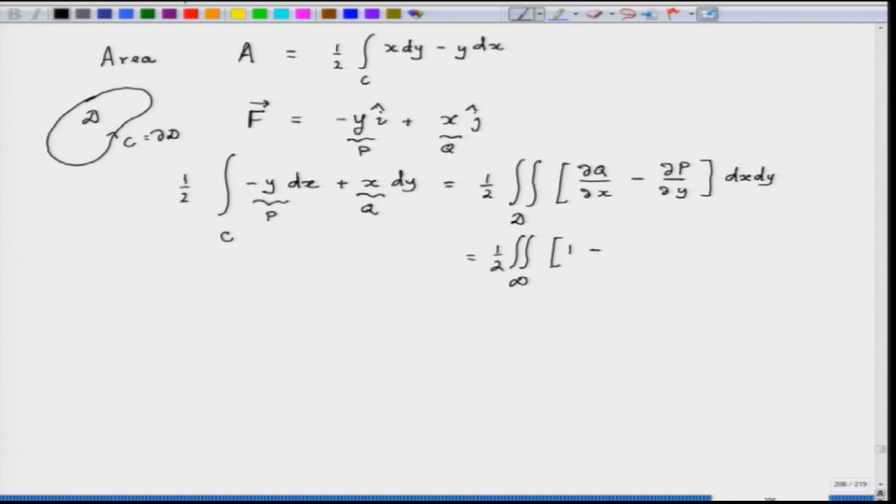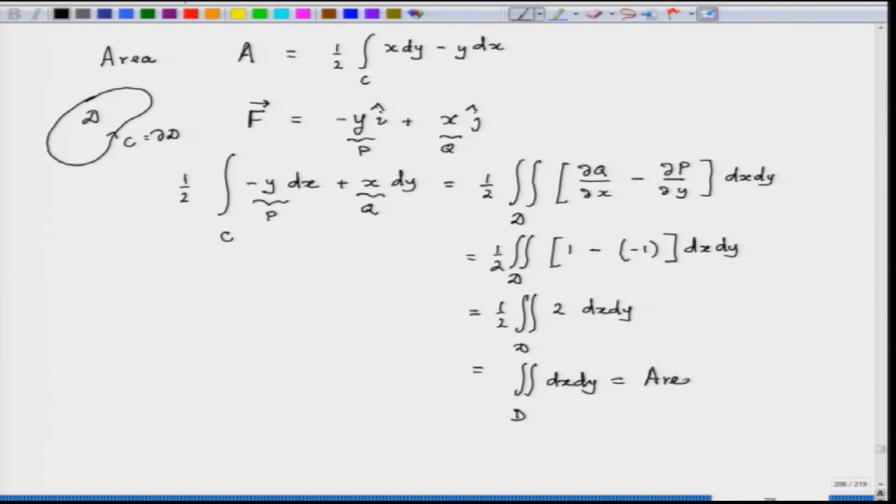Minus del P del y is minus 1, so minus of minus 1. So I get half of the integral over the domain D of 2 dx dy, which equals the integral over D of dx dy, and that is exactly the definition of the area. That is the magnitude of the area. Here a line integral is computed just in one shot through a double integral.